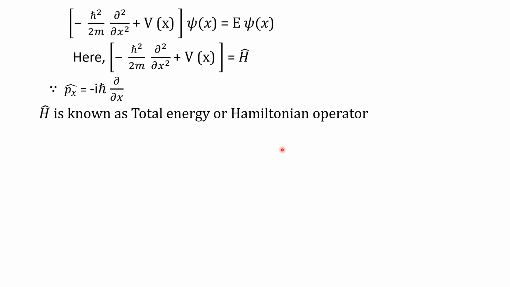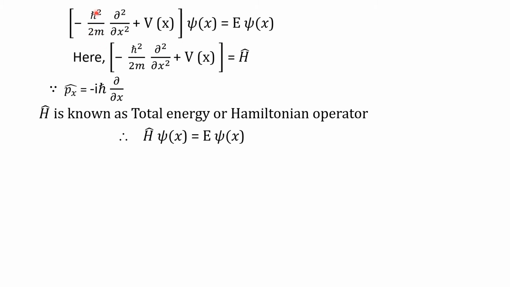Hence, in terms of the Hamiltonian operator, equation A becomes H psi of x is equal to E psi of x. Or we simplify equation A by multiplying by minus 2m by h cross square on both sides.